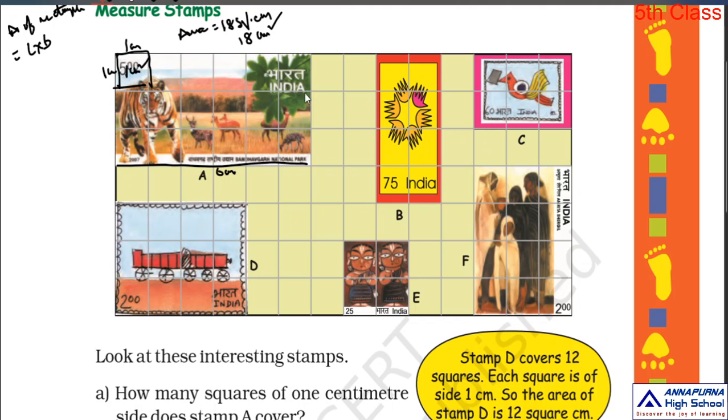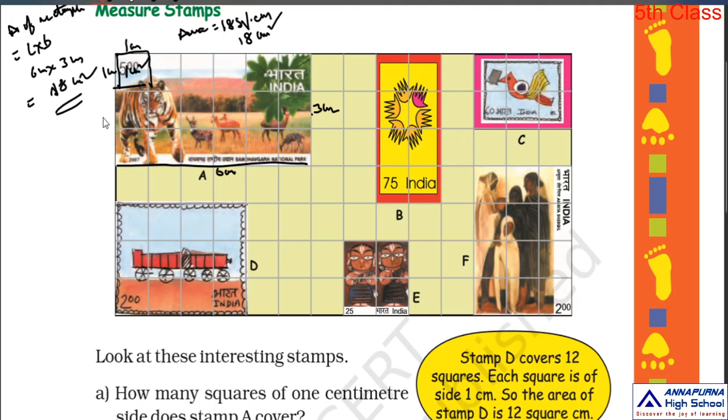Its length is 6 centimeters. In the same way, 1 plus 1 plus 1, the breadth is 3 centimeters. Now, 3 sixes are 18. So the area of this stamp A is 18 square centimeters.